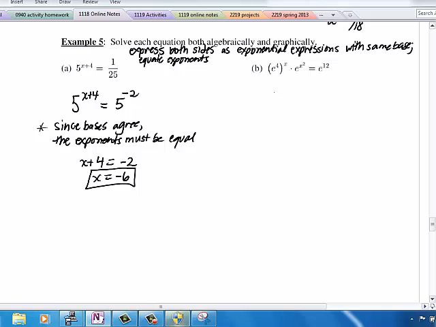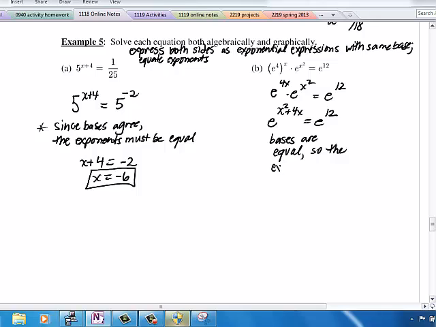Similarly, on the next one, we can say, well, this would be e to the 4x times e to the x squared equals e to the 12th. Then if we have the base the same, we can add these exponents, x squared plus 4x. And then the bases are the same, so the exponents must be equal. Which means x squared plus 4x has to be 12.